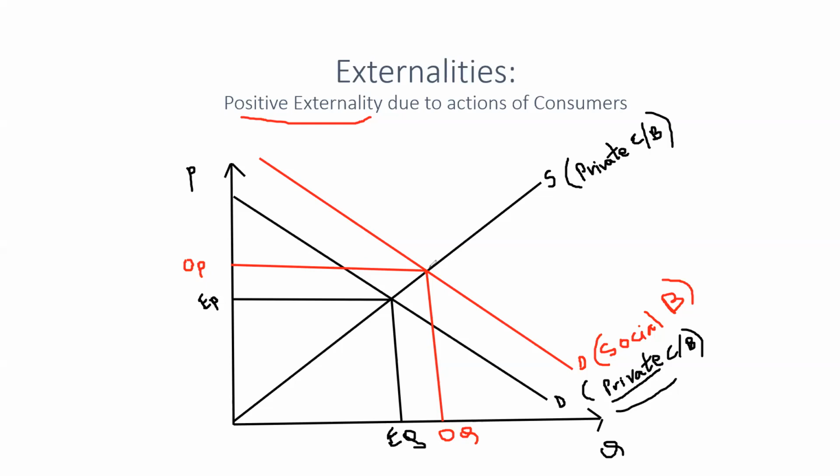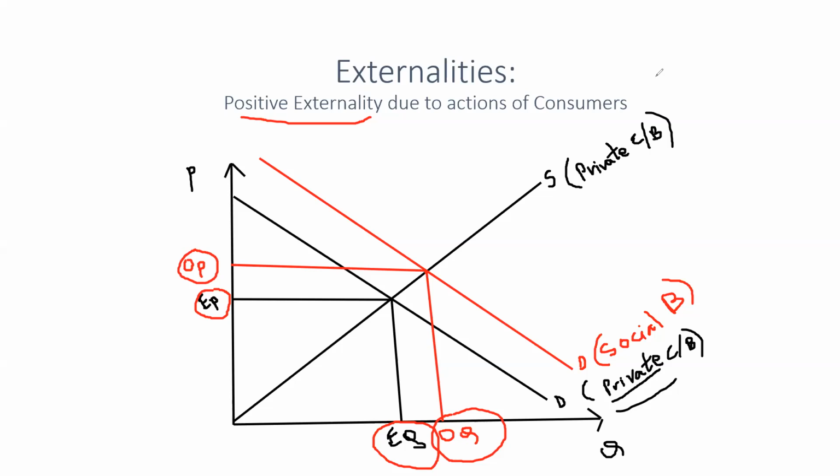So to keep it very simple, when we just think about ourselves, we are underproducing and the prices are lower as well. If we are to think of the betterment of the entire society, we should be producing more and the prices could be higher, for everyone's benefit. So this is how we analyze a positive externality due to the actions of consumers.